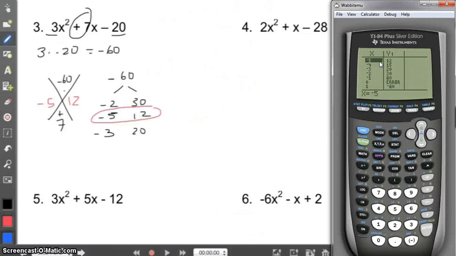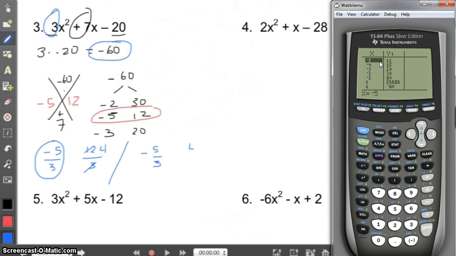Then what's our next step? You write them down, and you divide by not negative 60, not AC, you divide by a, the number in front of x squared. So let's divide by a. Negative 5 over 3, you cannot simplify it, so copy it as it is. 12 divided by 3 is 4, so it's plus 4. Always you can do it on the calculator if you need to.